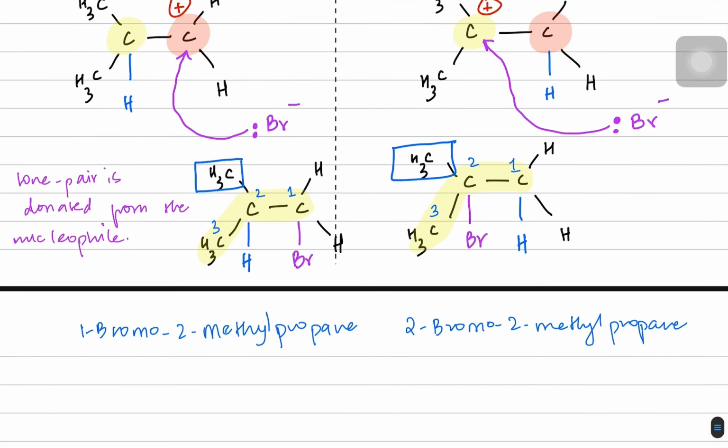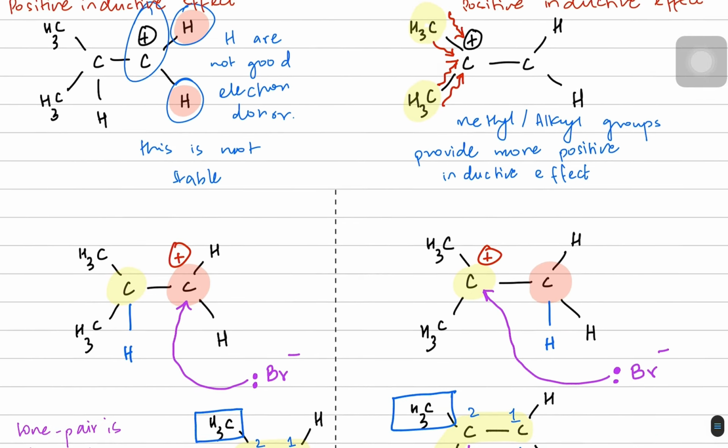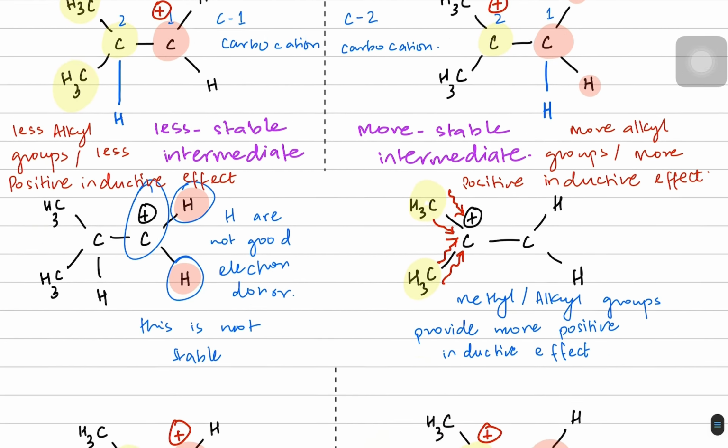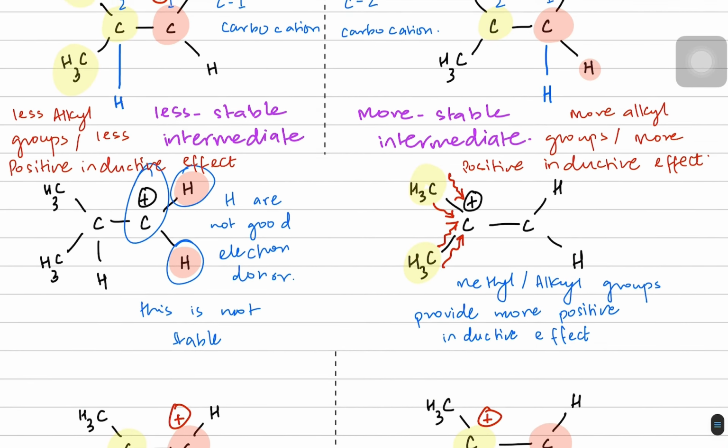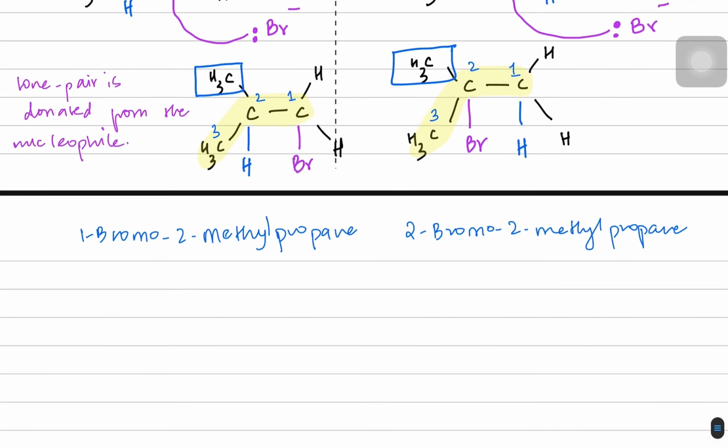So there are two possible products, one from the less stable intermediate on the left and one from the more stable intermediate on the right. The less stable intermediate gives you the minor product and the more stable intermediate gives you the major product.